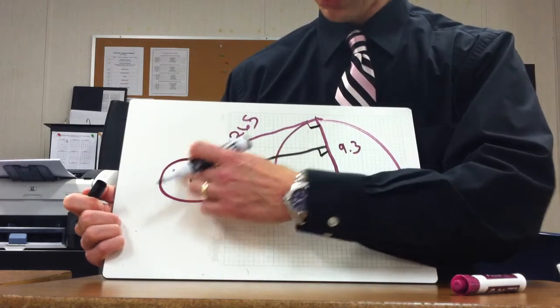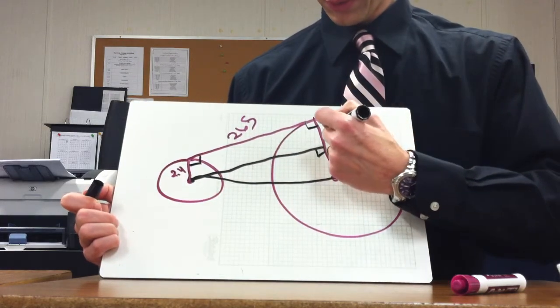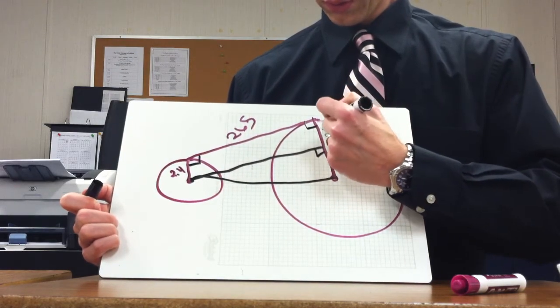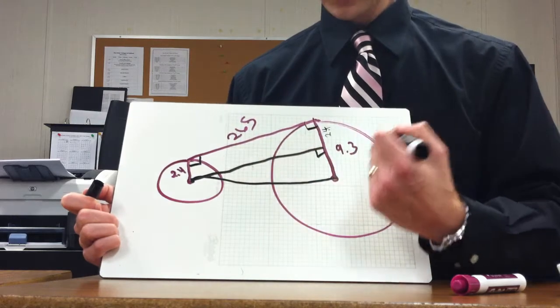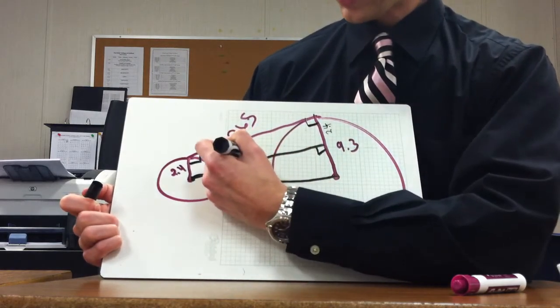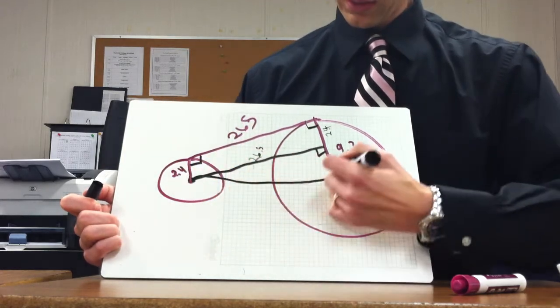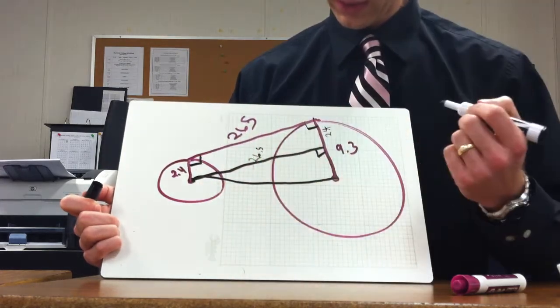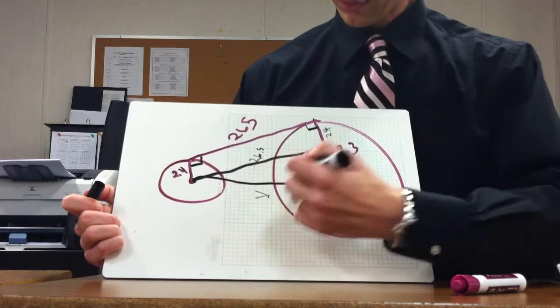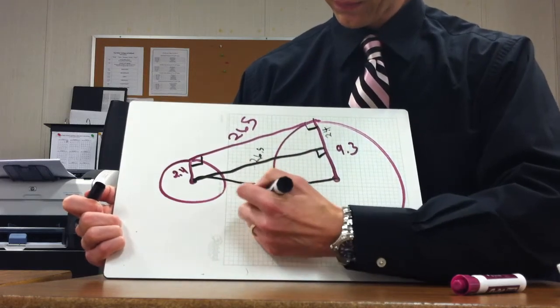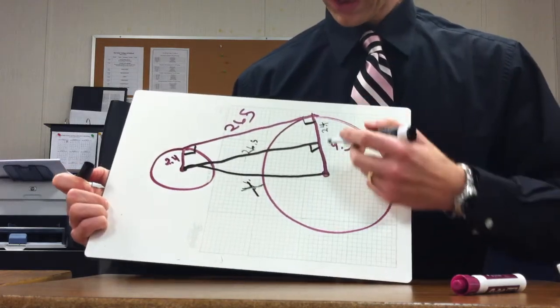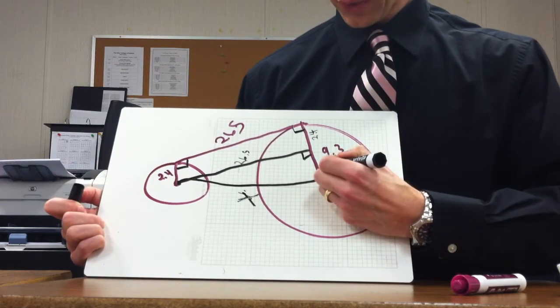So if this part's 2.4, then this part would be 2.4. Okay, also if this side's 26.5, so is the opposite side of that rectangle, 26.5. And now you use this long skinny right triangle with a 26.5. You're looking for x, which is right there. And then 9.3 minus 2.4, I think is 6.9.